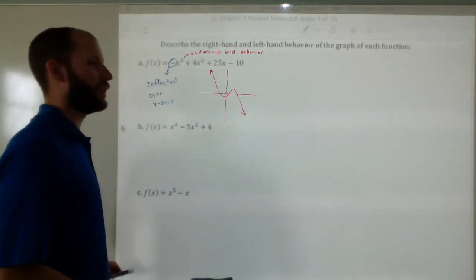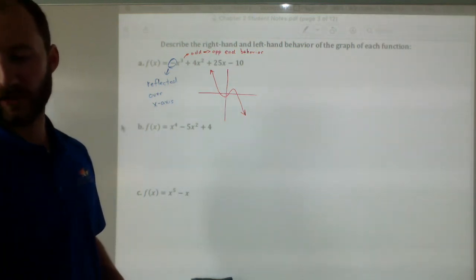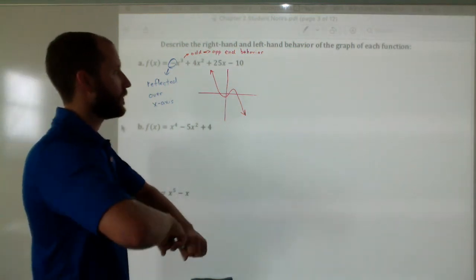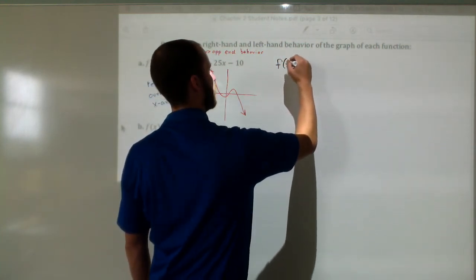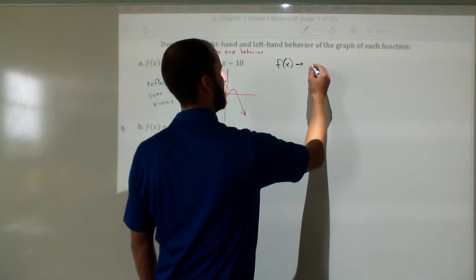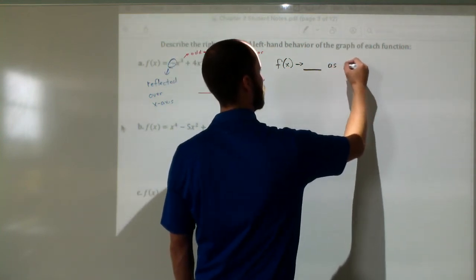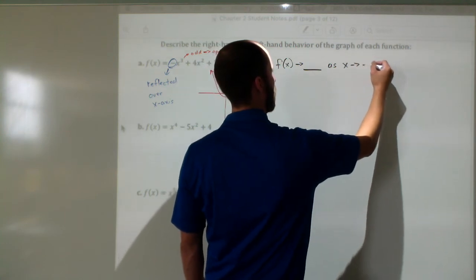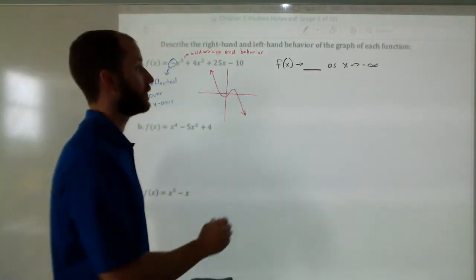But it's not enough to just say up to the left, down to the right. We want to use proper mathematical notation. So we'll say f of x approaches something as x approaches negative infinity.